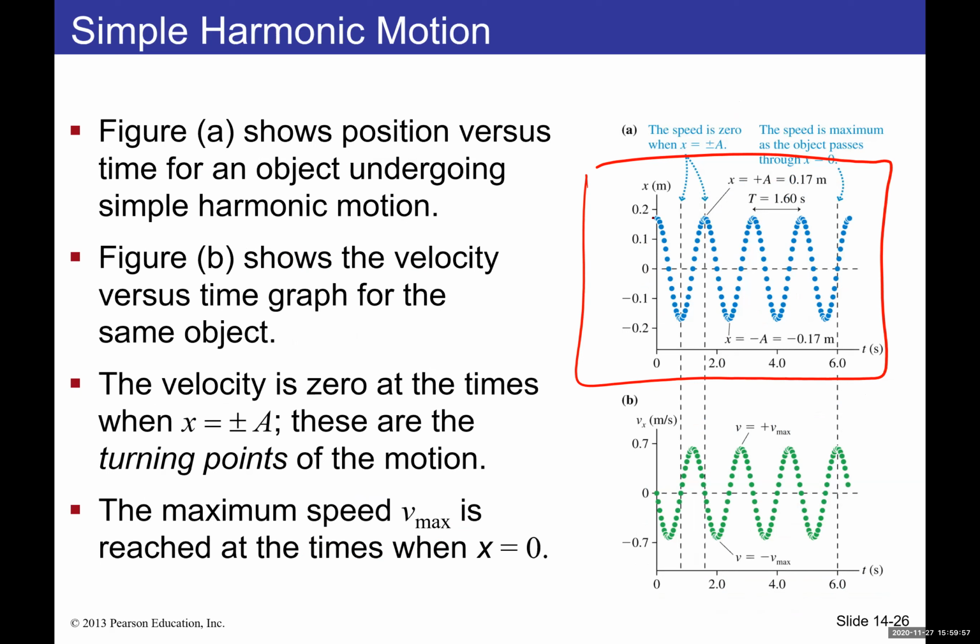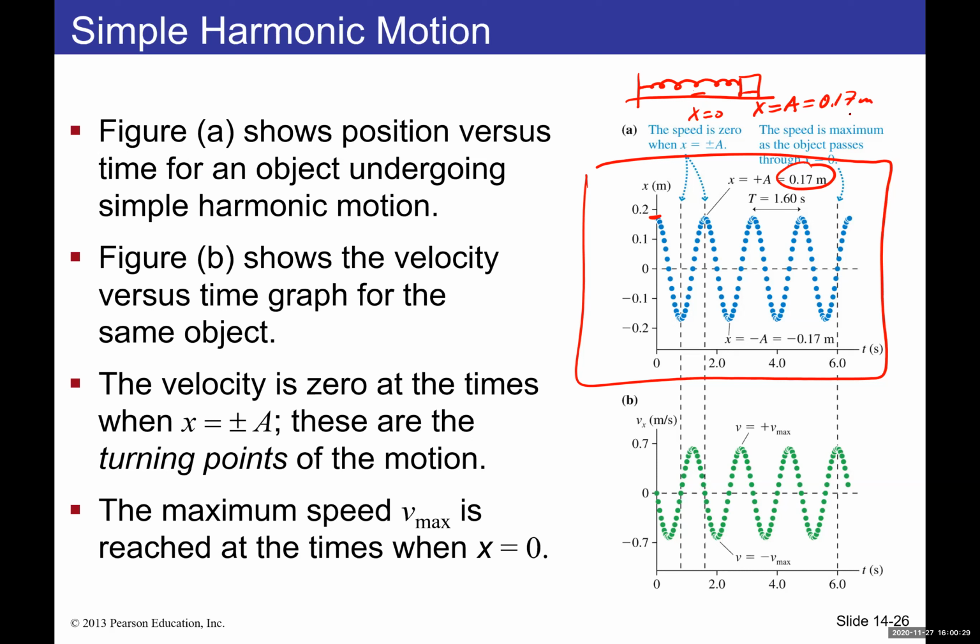This represents our amplitude A, because that's where we start from. The amplitude is roughly 0.17 meters. This is equivalent to having the system first sitting in equilibrium, so from the center, x equals 0. Then you stretch it to position A, where A here is 0.17 meters.